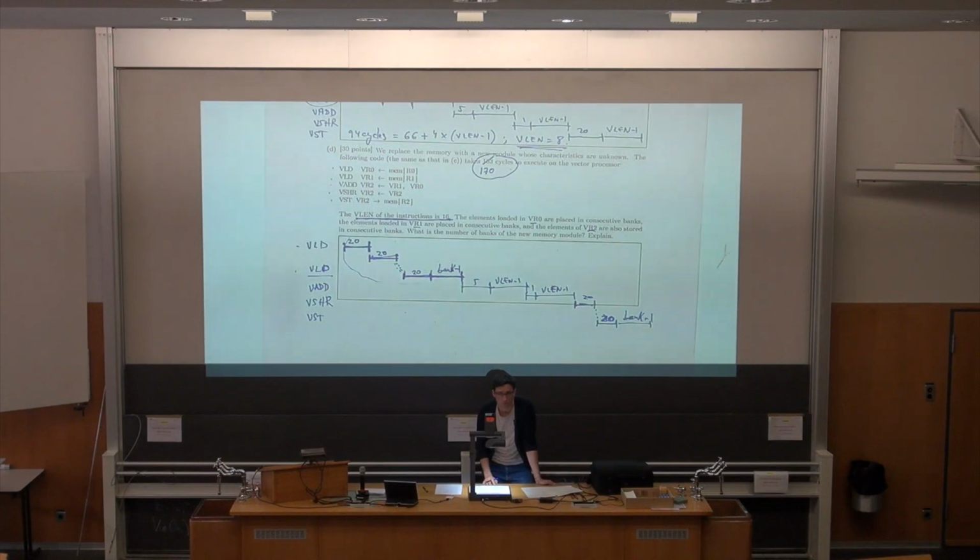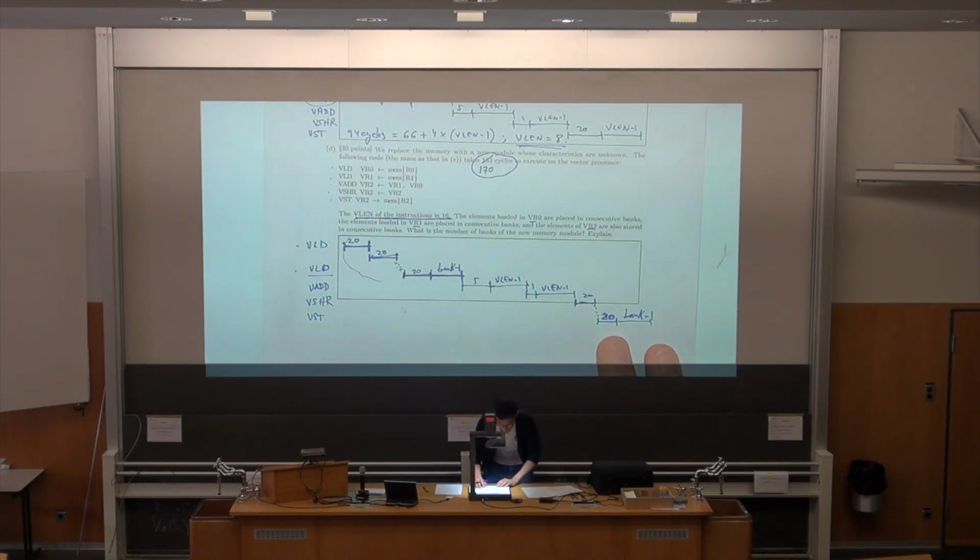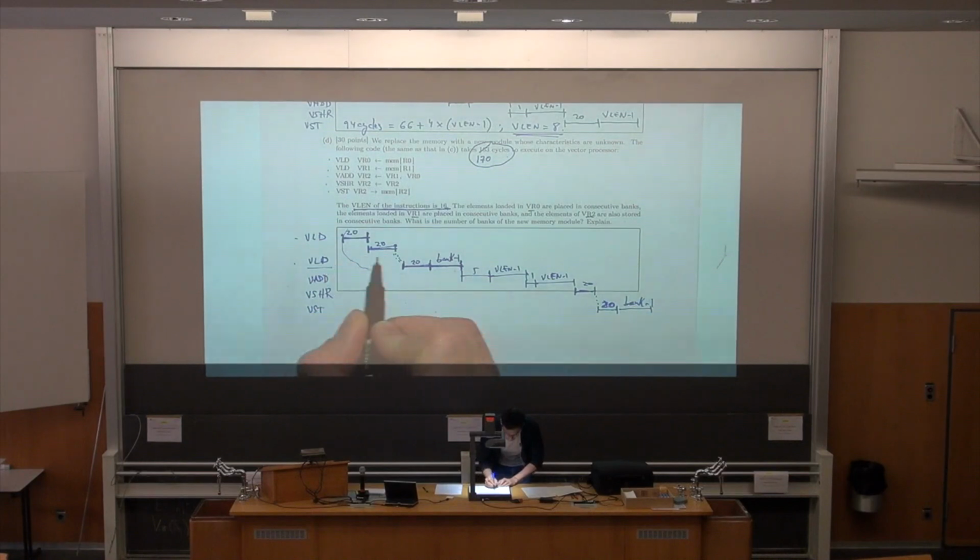Other questions? Okay, so here, how many of these 20 plus 20 plus 20 are we going to have? This will be a function of the number of banks, because 16 is our vector length. We will have to repeat this 20 16 divided by the number of banks times. And this is for the first vector load.